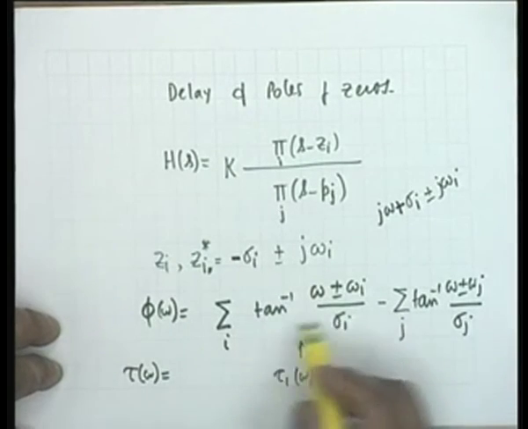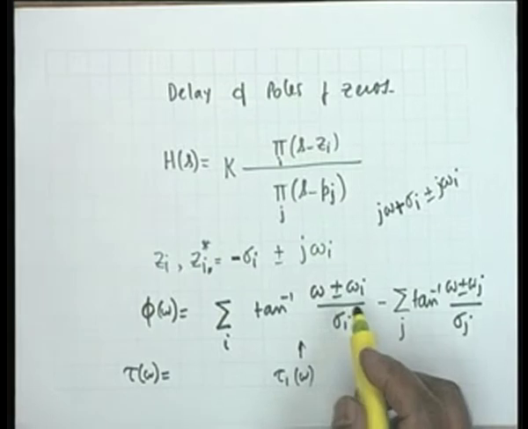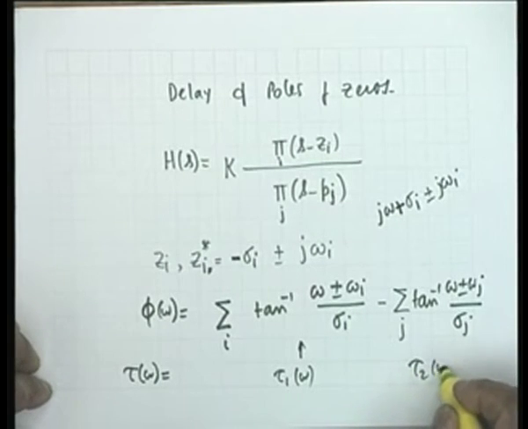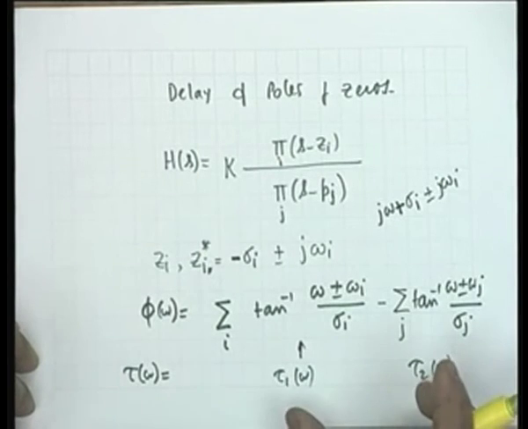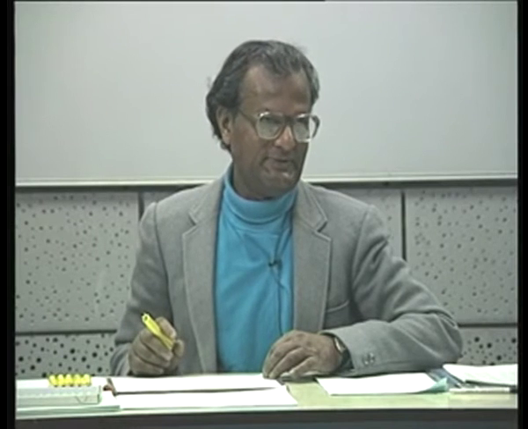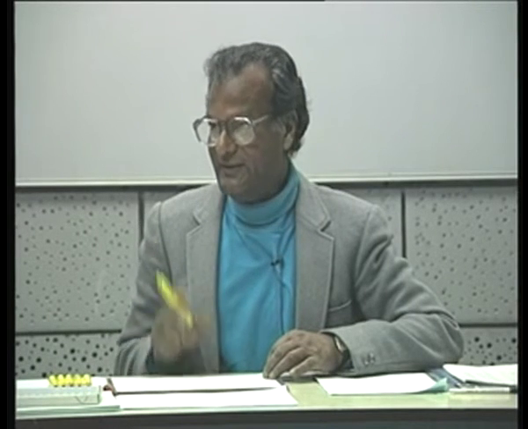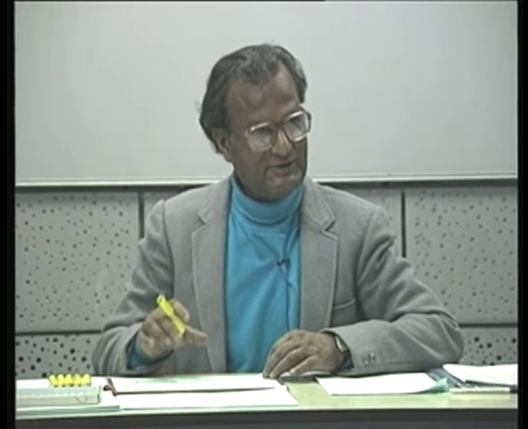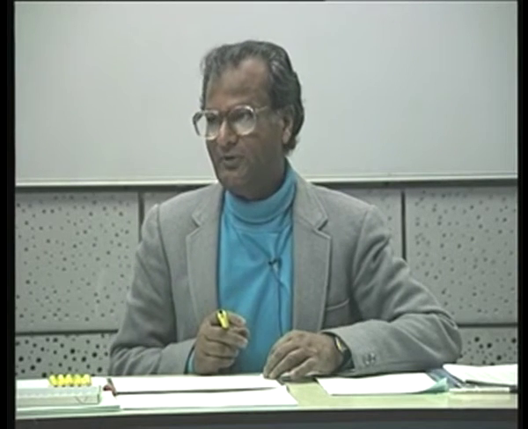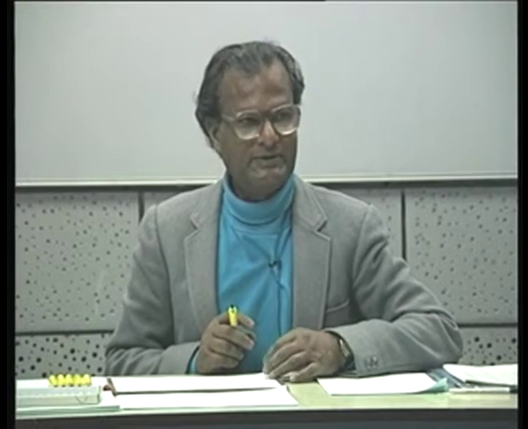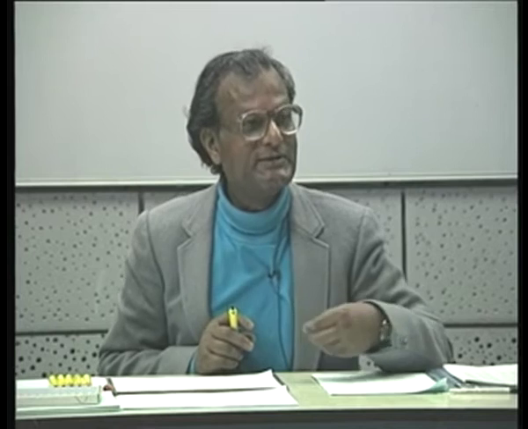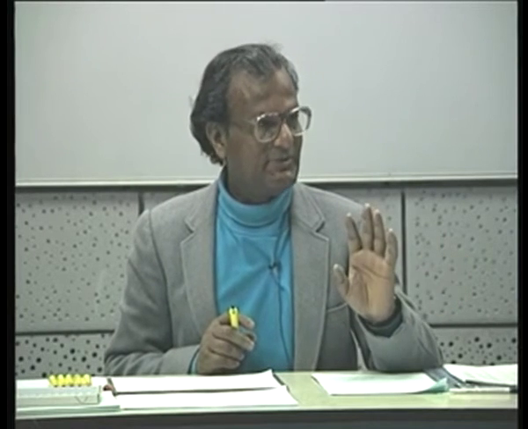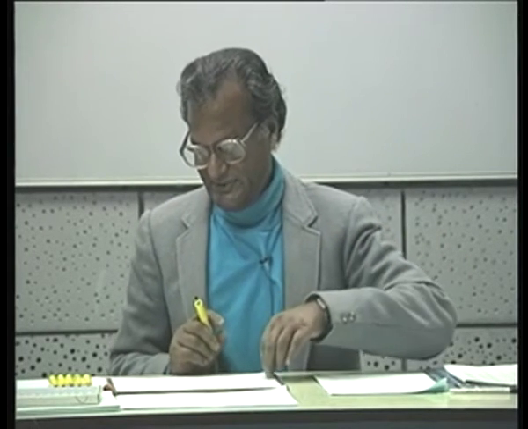If the phase is positive, minus d phi d omega will be negative, and this will contribute a delay tau 2 which will be positive, and the overall delay must be positive. If the overall delay is negative, then obviously the system is not realizable. Even if it is realizable, delay loses its meaning. Delay is a matter of definition, isn't it? So delay loses its meaning.